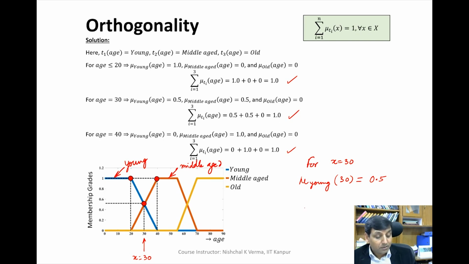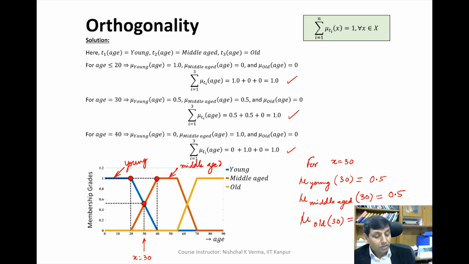Mu of middle-aged at 30 is also 0.5. No other membership is available here for x is equal to 30. So we can write mu of old at 30 is 0.